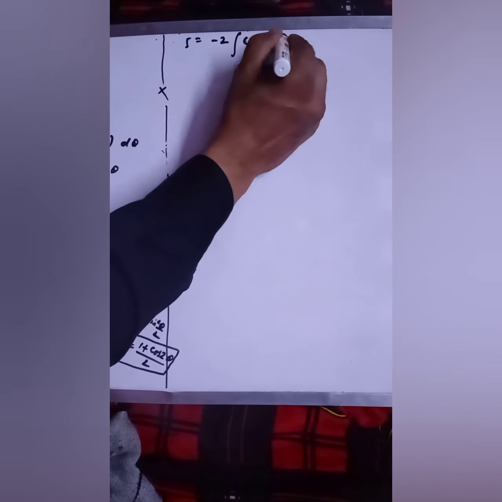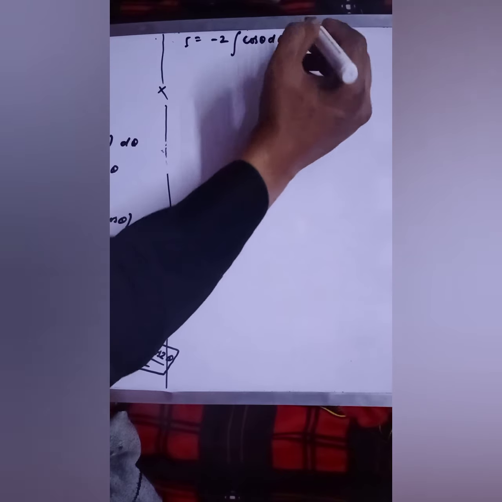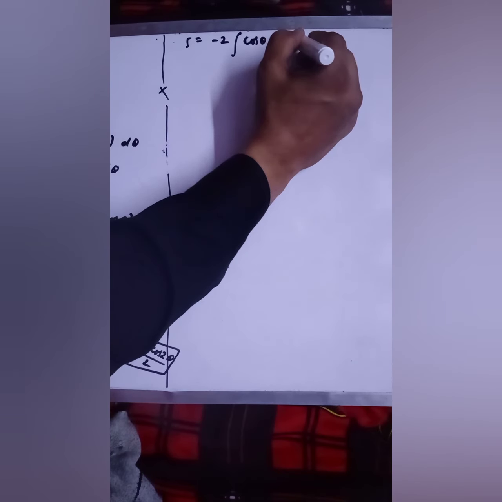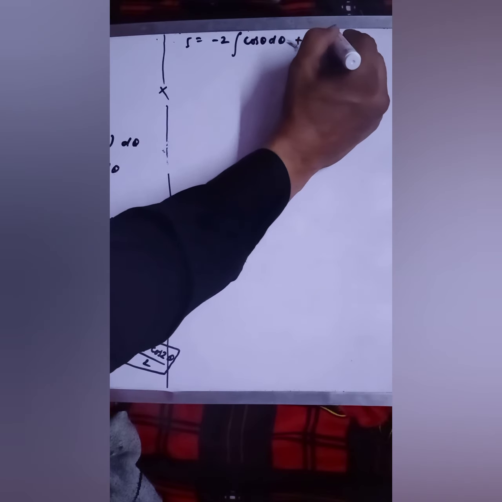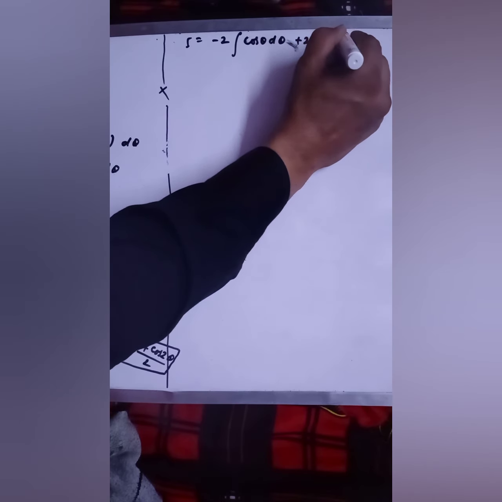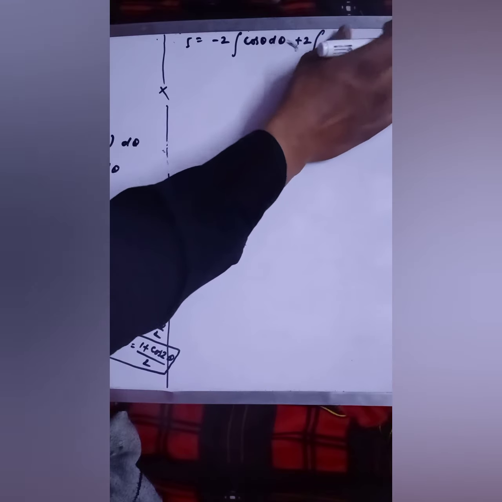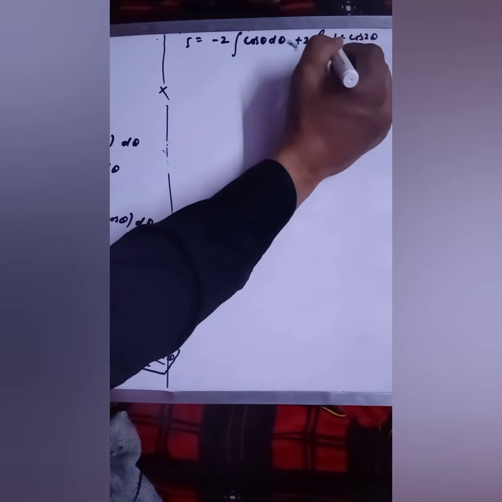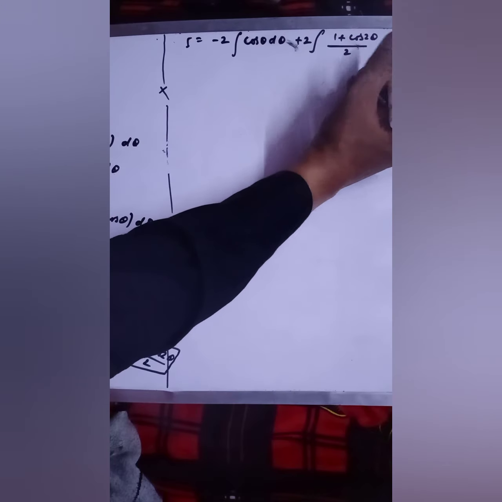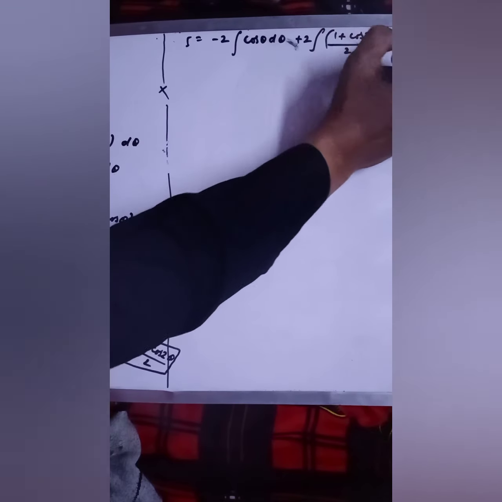Cos theta d theta, then it is also minus, so plus 2 integration. Here cos square theta is coming, so in place of cos square theta I am putting (1 plus cos 2 theta) over 2, into d theta.